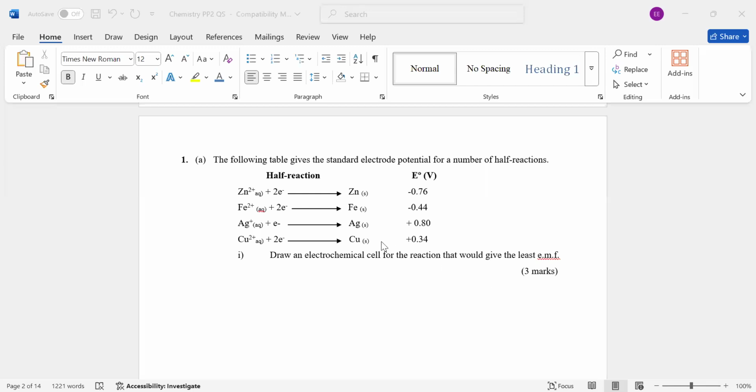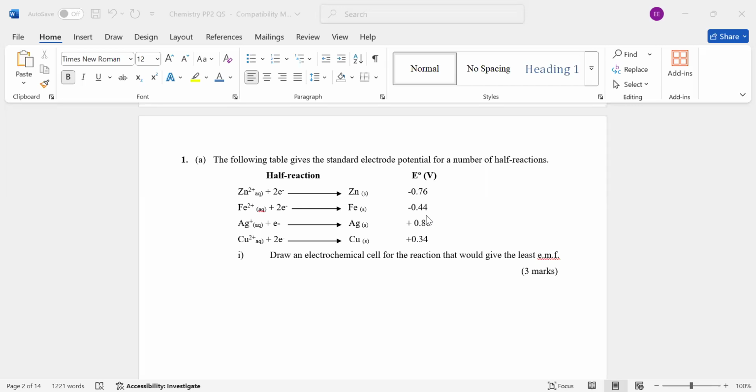Ag. The Ag, correct, that is silver. Very correct. And why? Because it has the highest, most positive E value. That is correct. So we say because it is the most electropositive. Very correct. These are the first things that you need to know.